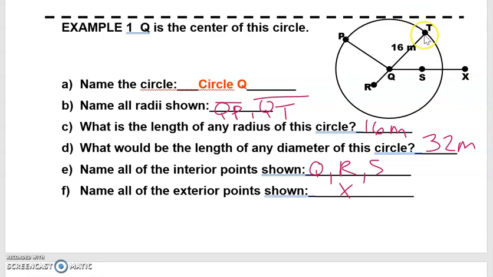Notice we didn't list P and T because they are on the circle itself, so they're not inside or outside, they make up the circle. We also could have listed Q to this point right here as a radius, but we don't know the name of this point, so that's why we didn't list it.